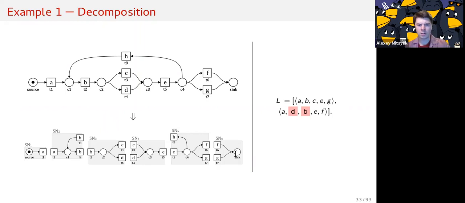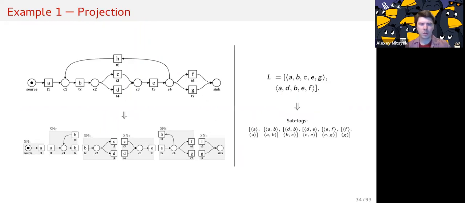Here we obtain 6 fragments, and our model is decomposed into the 6 fragments. Then, using simple projection, we obtain 6 sublogs which correspond to these submodels. In each sublog, only events with the names corresponding to transition labels remain.